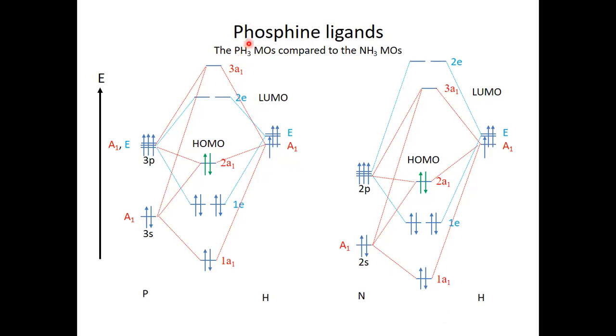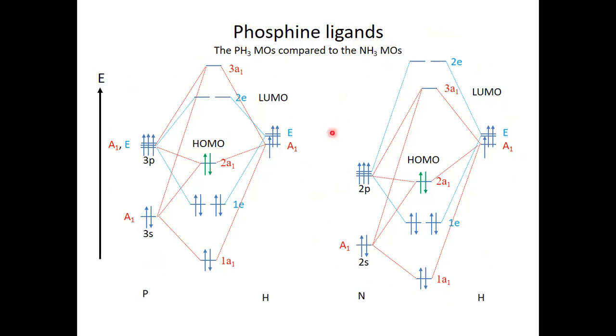So at first glance, you may think that the phosphine ligand may act similarly as a ligand compared to NH3, but it's actually not the case. The phosphines interact significantly differently. And we can explain this by looking into the MO diagrams of phosphine, which you see here, in comparison to ammonia, which you see here.